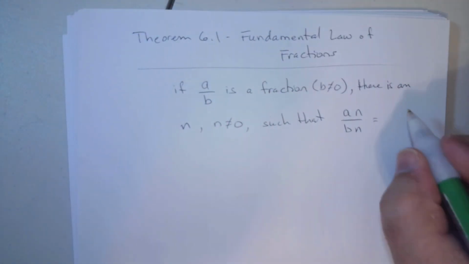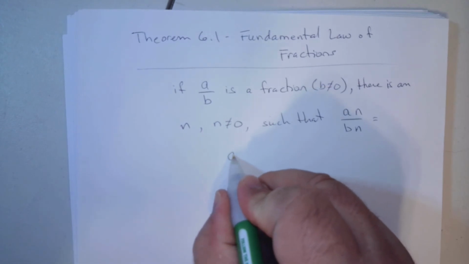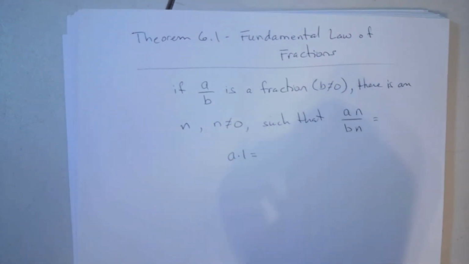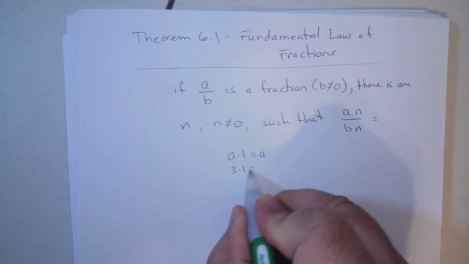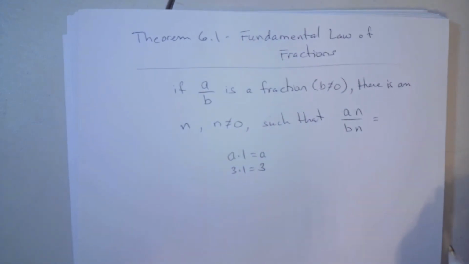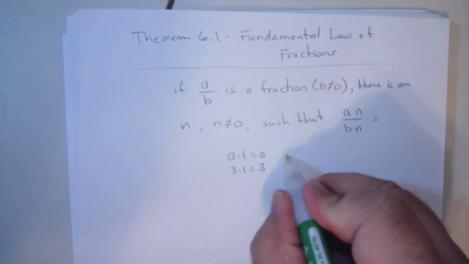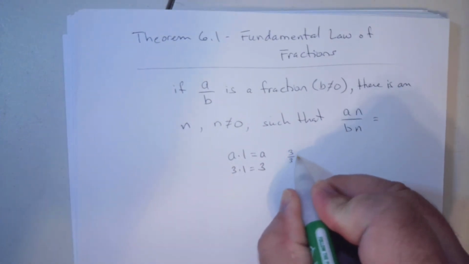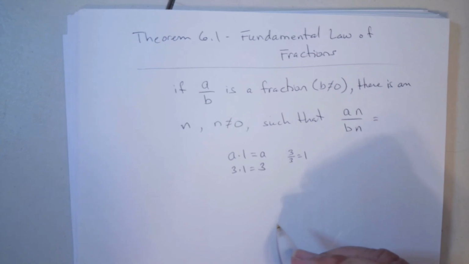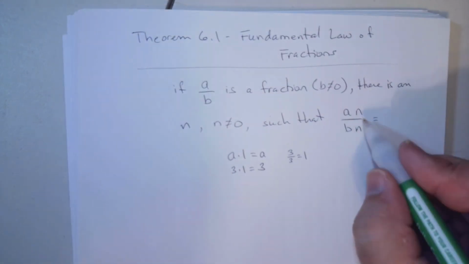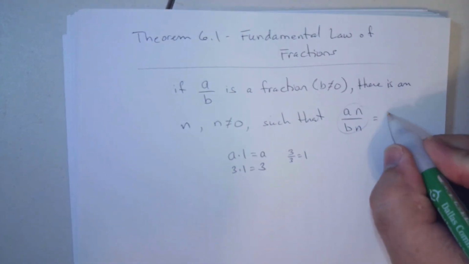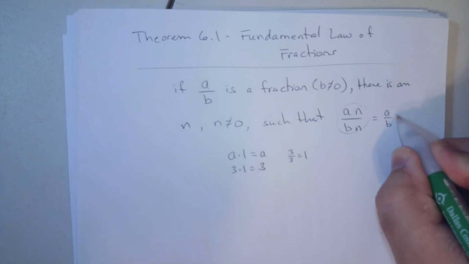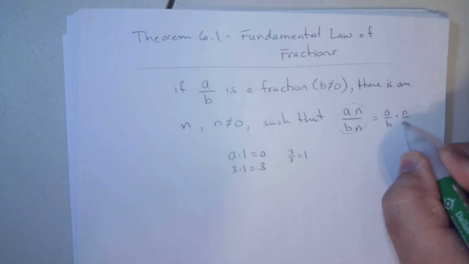remember the rule, if I multiply anything times 1, I get the same thing. So 3 times 1 is 3. And anything divided by itself is also 1. So let's look at this. A over b times n over n.